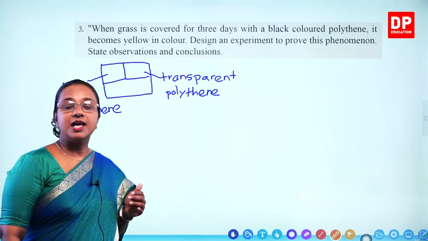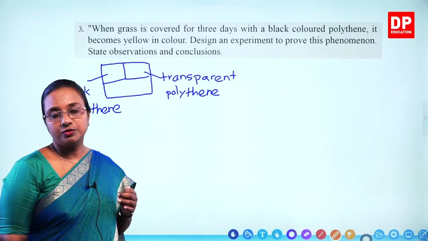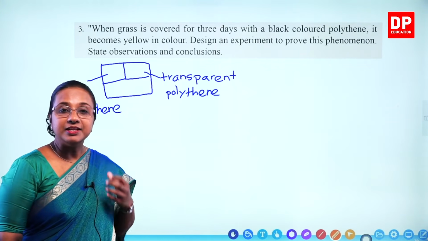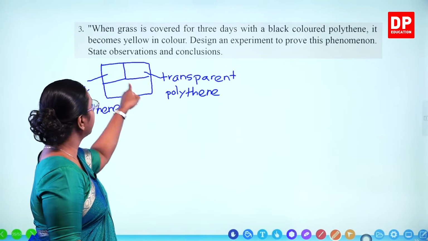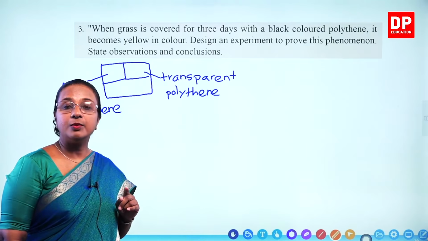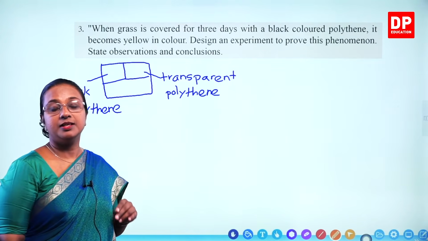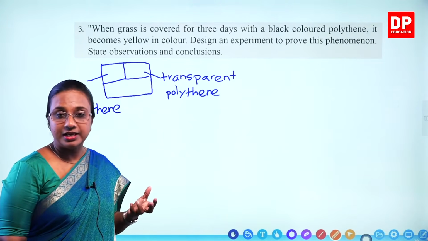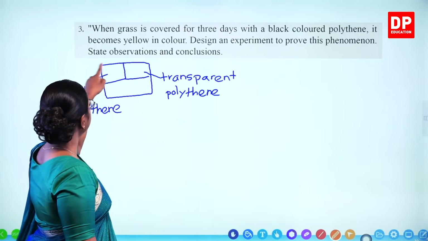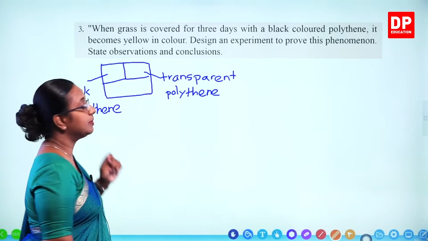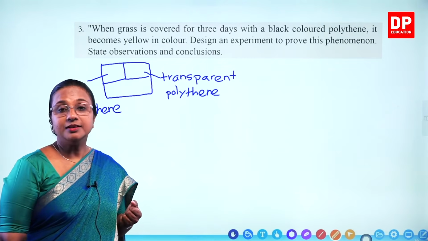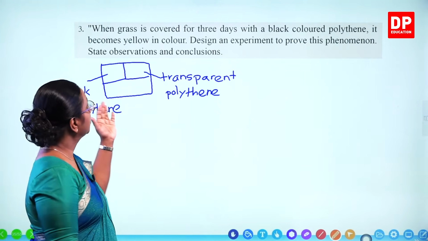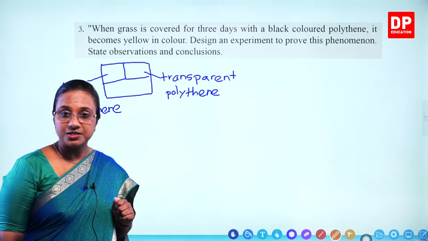Then you leave it like this for 3 to 4 days. And you can see that after 3 or 4 days, this part which has been covered with transparent polythene will still remain green in color. But this area which was covered with black polythene, the grass would be yellow in color. So that is the observation.